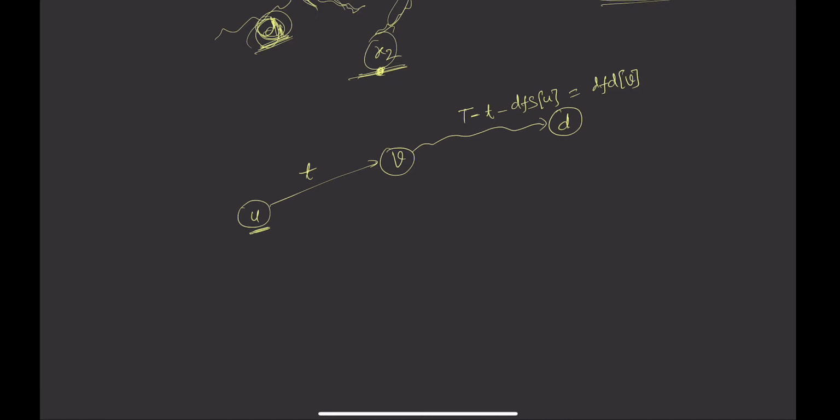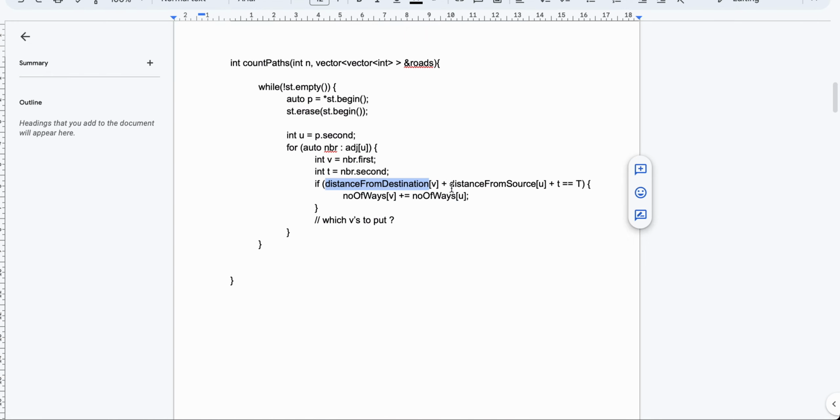So if distance from source to u plus this time plus distance from destination to v is equal to total time, which is what I've done here. Then we have to take mod, so we will take the number of ways to reach v.